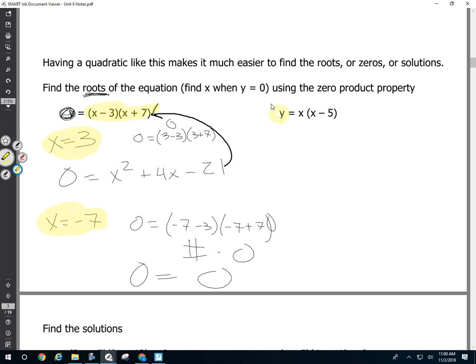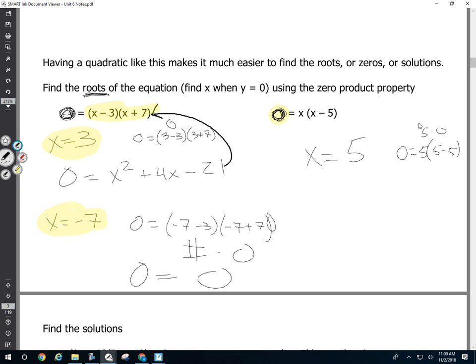If I ask you to find the roots here, you're thinking, okay, find when this equation equals 0. What are our 2 answers here? 5 is one of them. Good, because if I plugged in 5, I'd get 0 equals 5 times 5 minus 5. That's 5 times 0. That's 0.